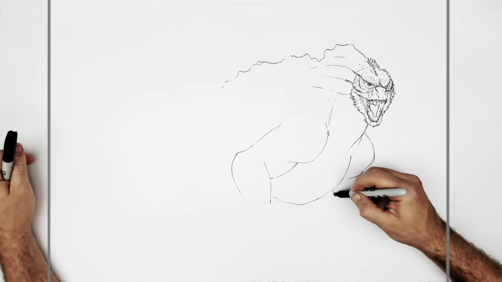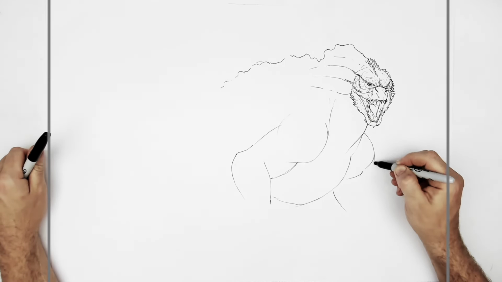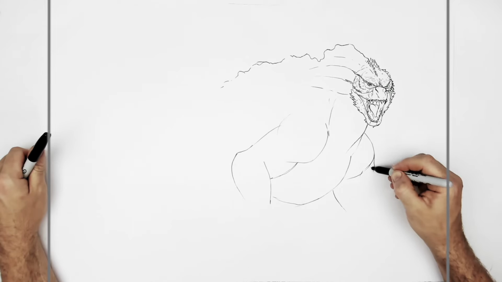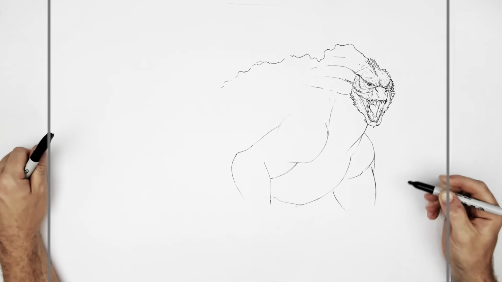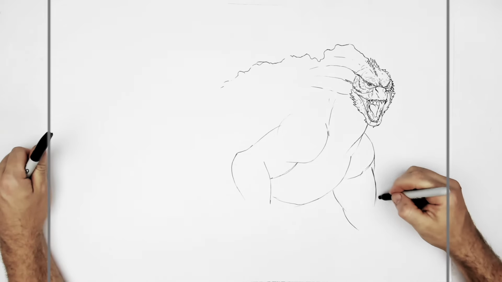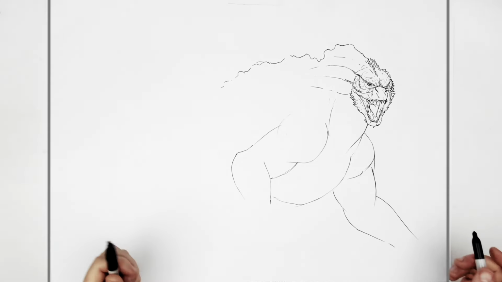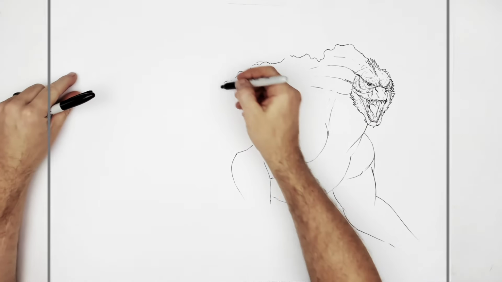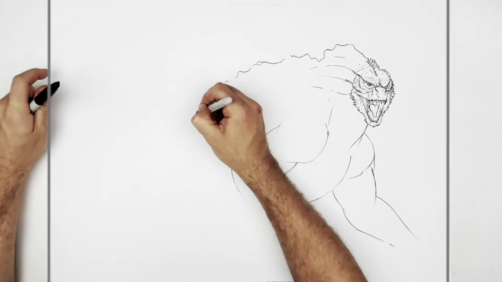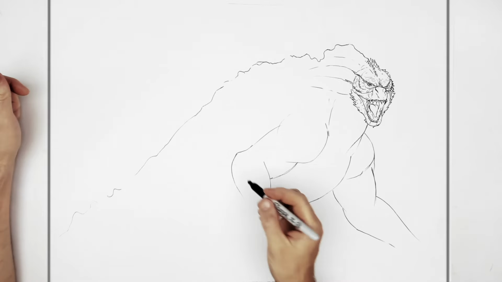So we'll go down tricep again. See, there's a little bump for shoulder there. And then this is bicep, and then elbow, and then forearm, down to claws. So the rest of the back, I'll just sketch it down, just going bumpy texture all down that way.